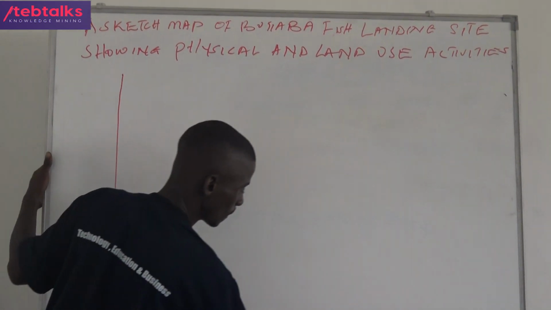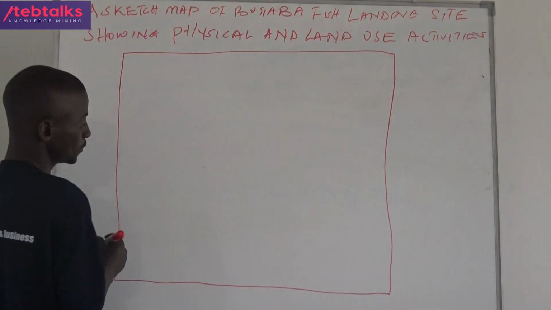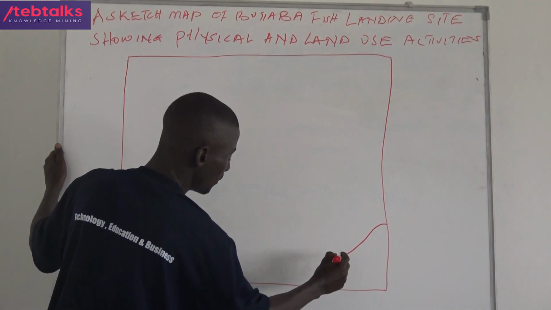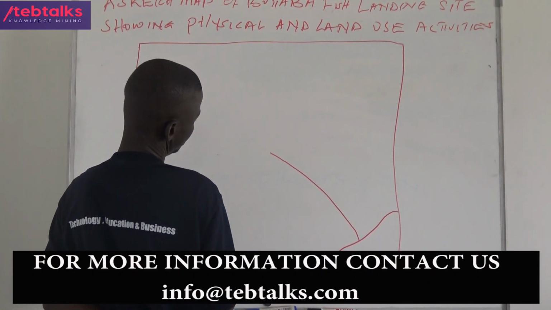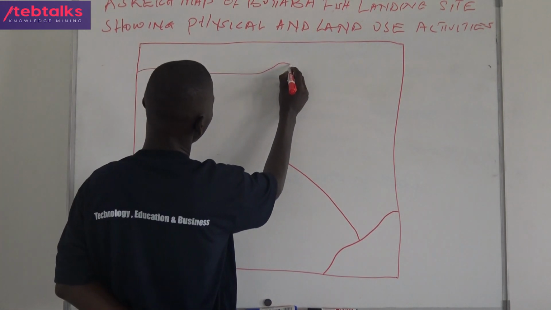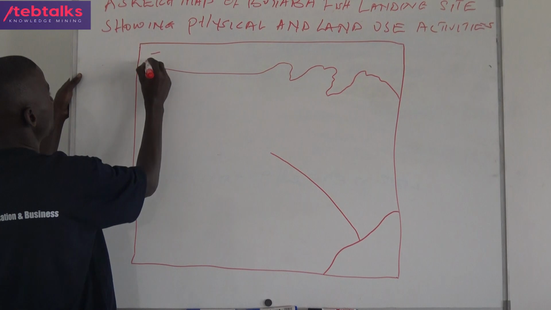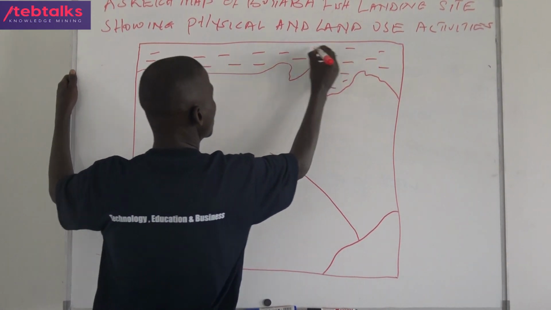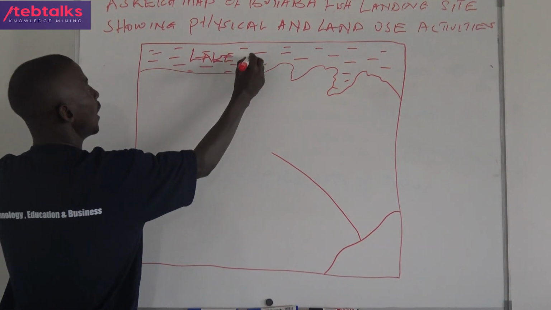Then, according to Java, on this side you can put an escarpment, then a road, then a water body. Name it Lake Albert.